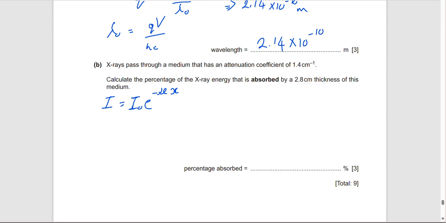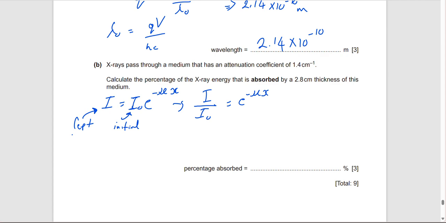Right? So we want that fraction. Remember, this is what is left after attenuation. This is the initial intensity. We can express this as the fraction: what is left over what we had is equal to e to the negative linear absorption coefficient times x, where x is the thickness of the medium.